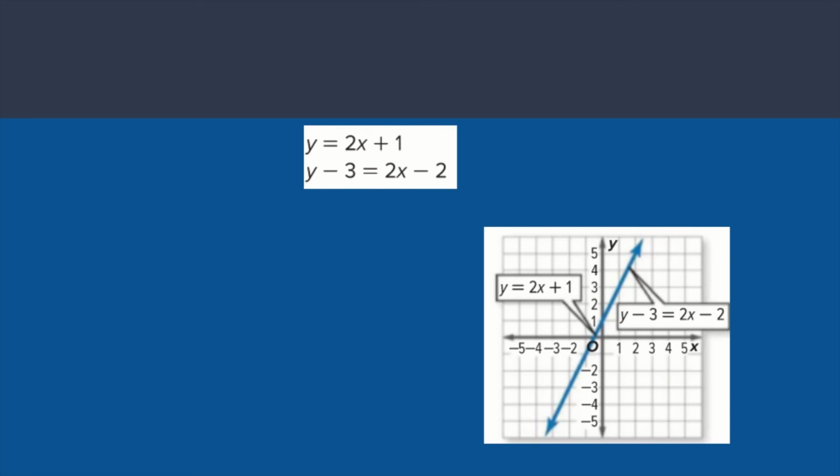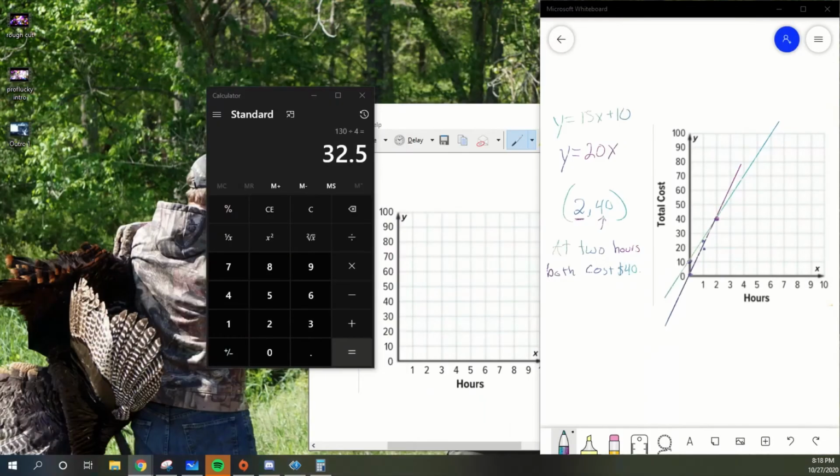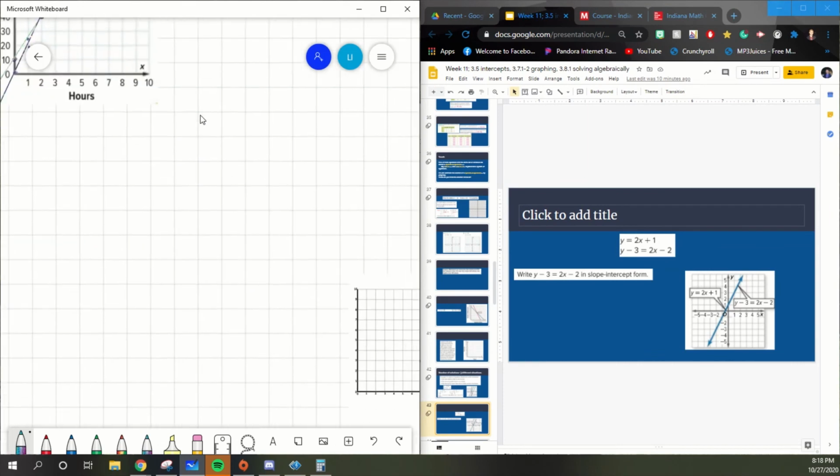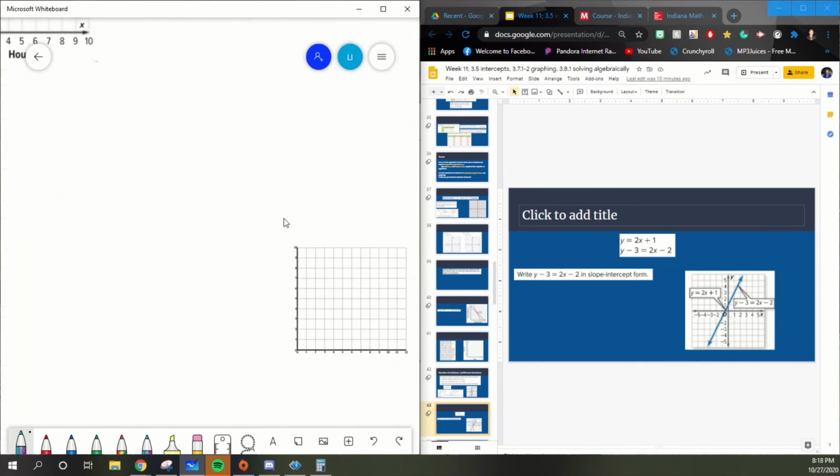And if I graph something like this, let me go ahead and show you this graph. So when we have y minus 3 is equal to 2x minus 2, we're going to have to turn that into slope-intercept form by adding 3 to both sides.